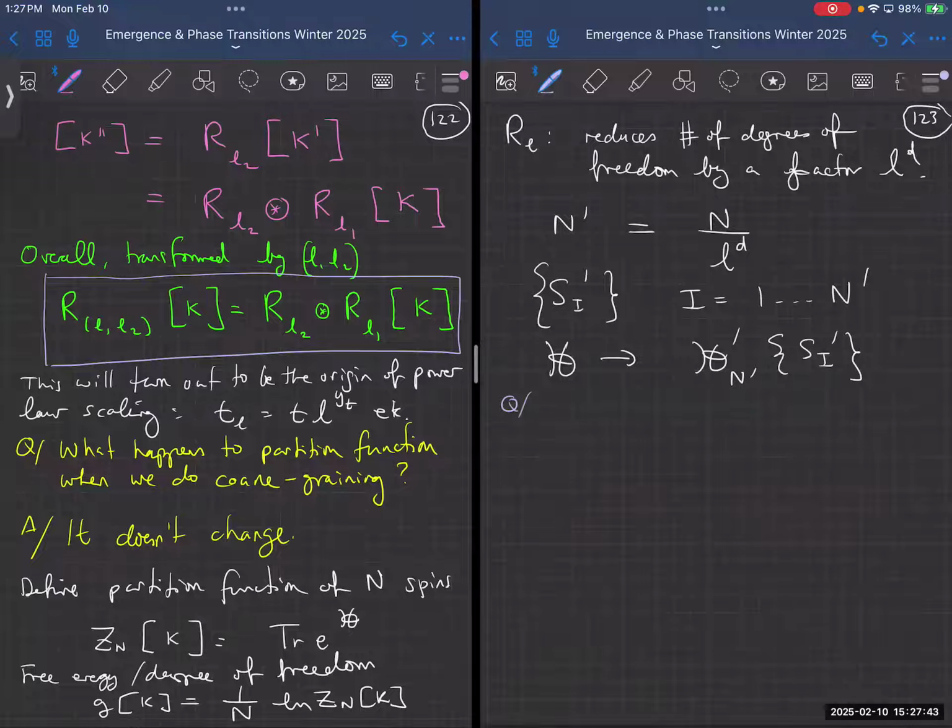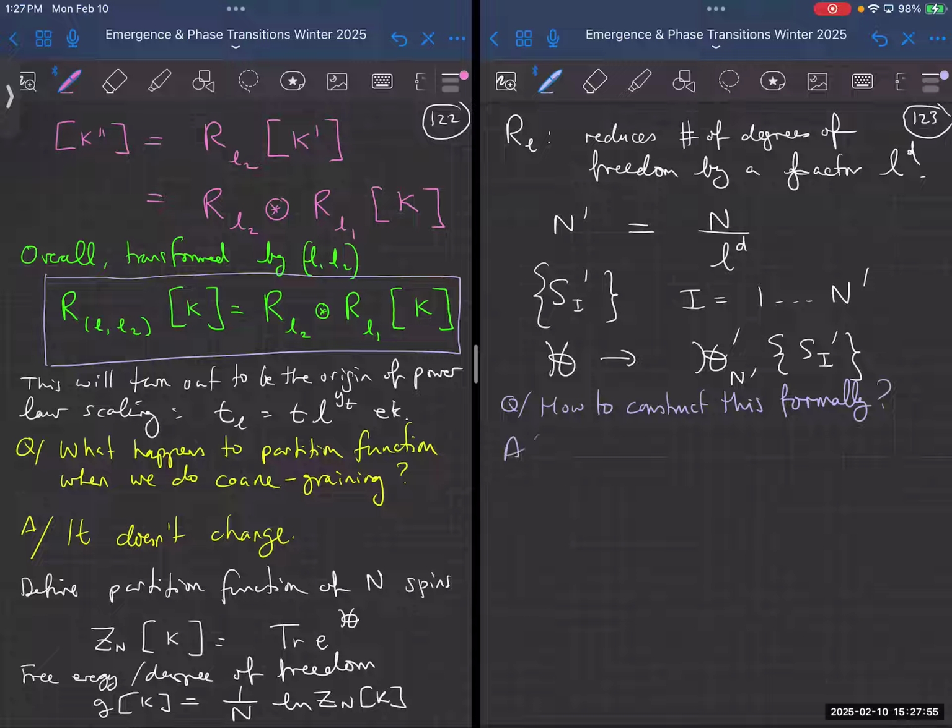So what I'm going to do is I'm going to say the following. I'm going to first of all define on the left-hand side e to the H n prime as a function of the new variables K prime and the new spin variables S_I prime.